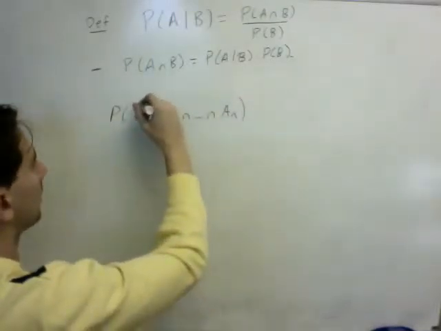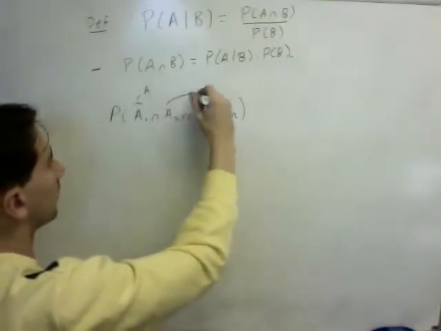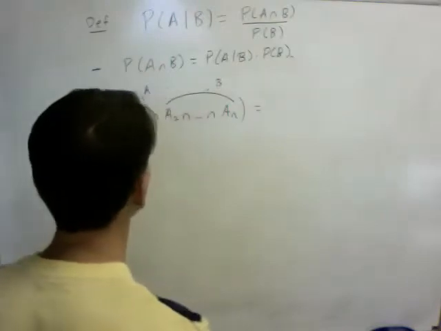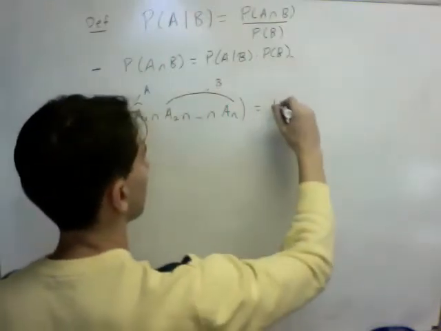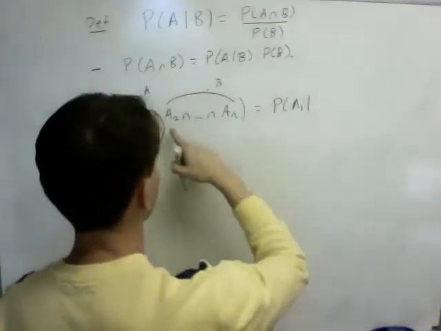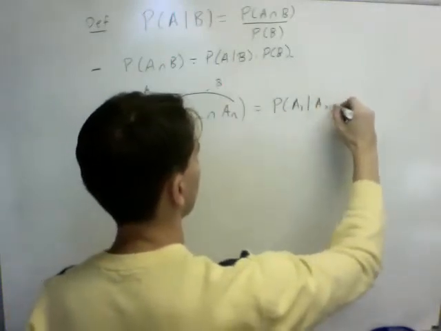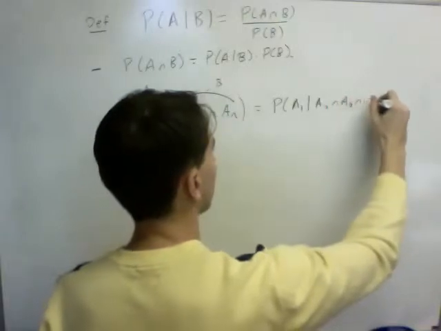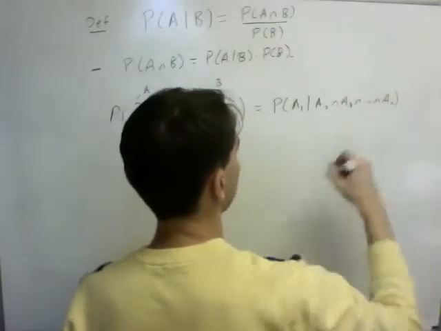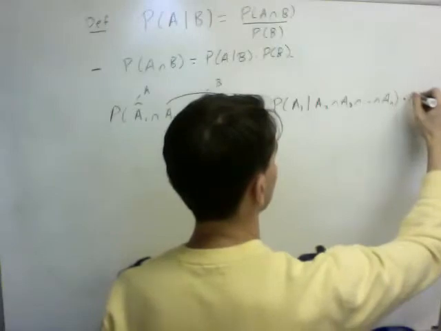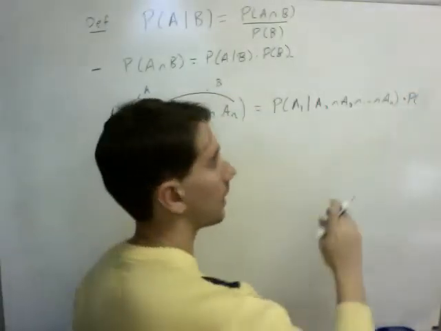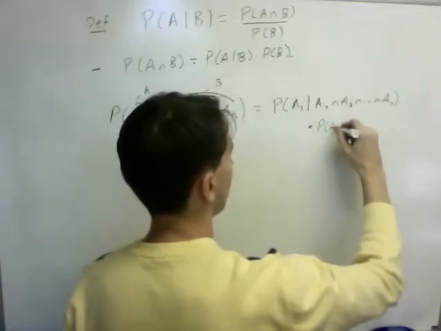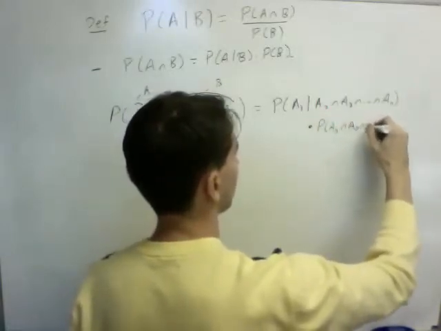Well, we could treat this one as like the A and treat all of this stuff as like our B. So this is actually equal to the probability of A1 given that A2 occurs and A3 occurs, and so on down to AN. So we know that all these occur, but then we just multiply that times the probability that A2 intersect A3 intersect so on down to AN.